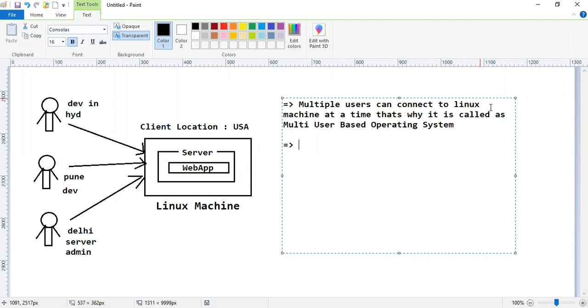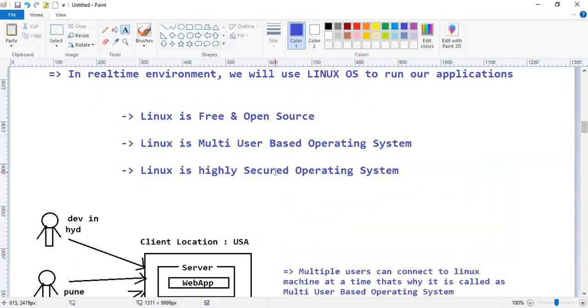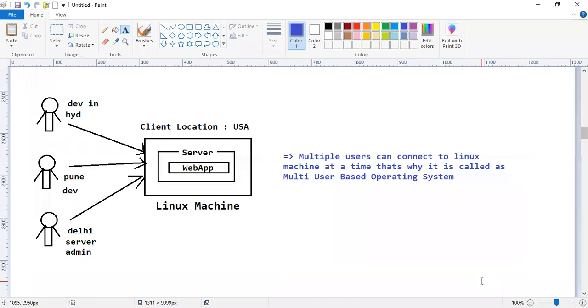That is called multitasking. Now, do you understand why I am saying that Linux is a multi-user based operating system? Multiple users can connect to the Linux machines at a time. That's why Linux is called a multi-user based operating system.